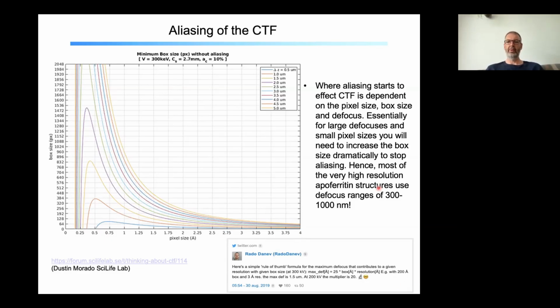If you look at some of the highest resolution apoferritin structures, for example, they use very close to focus images, from 300 to 1,000 nanometers, so 0.3 to 1 micron under focus, because if they don't do that, they would have to increase the box size, which makes the processing more complicated, it takes more space, and you eventually reach a box size that you can't actually run on your GPUs because you don't have enough memory.